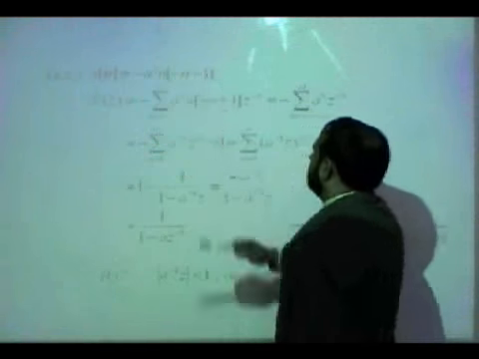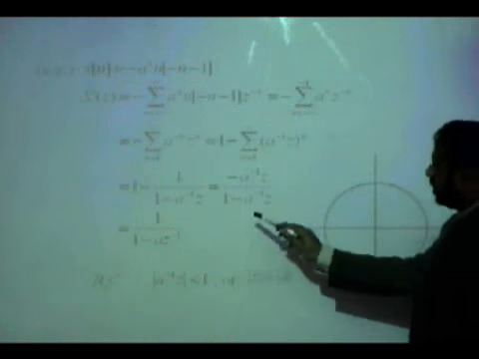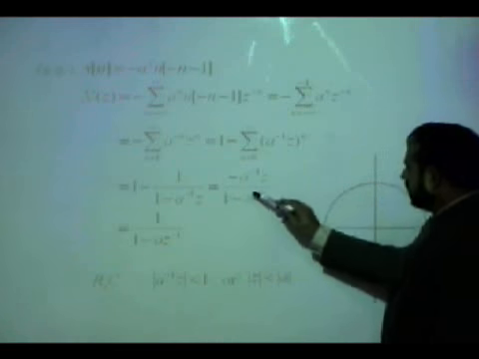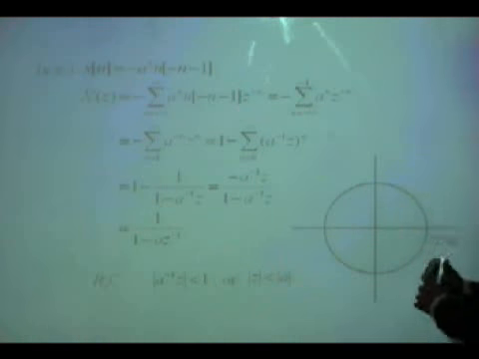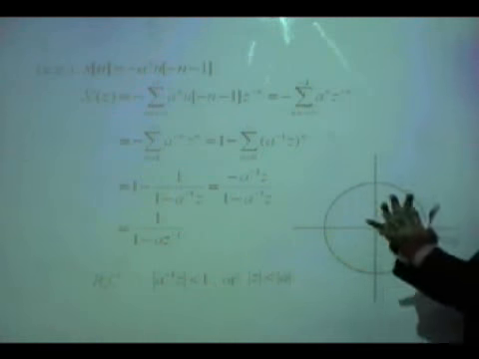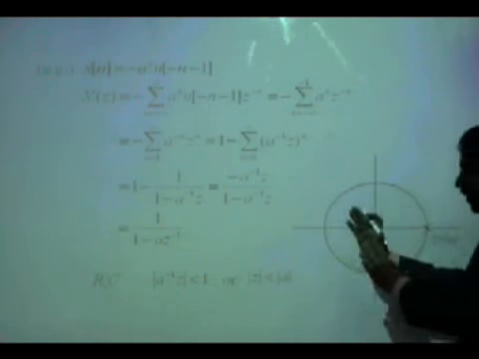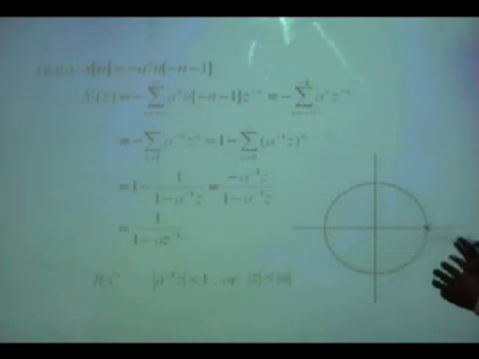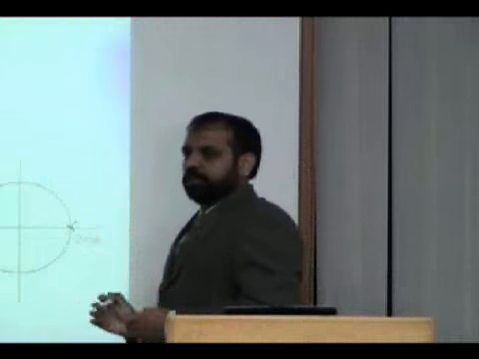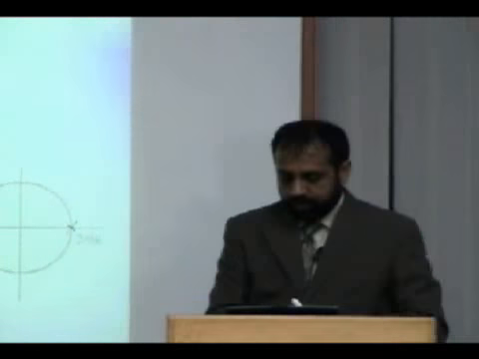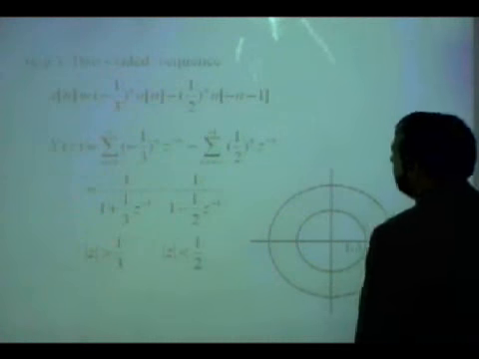It goes through the same Z transform computation, and the only difference is that this magnitude must be less than 1, so it turns out to be magnitude of Z less than a, inside the unit circle. For a left hand side sequence the region of convergence grows inward, and for a right hand side sequence it grows outward. This is what we need to remember.